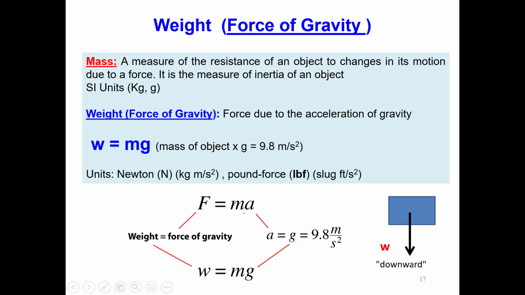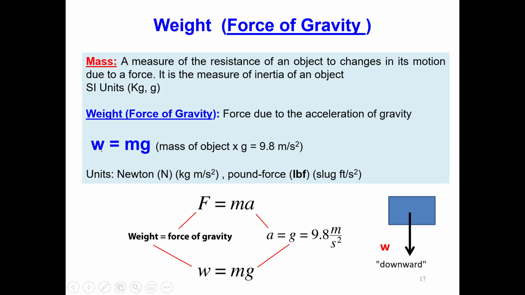And this is why the equation we can use to calculate the weight of the object, the force due to the acceleration of gravity, is just mass times g. g is the acceleration of gravity.